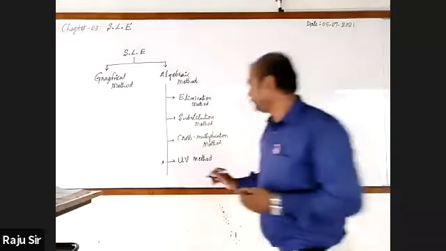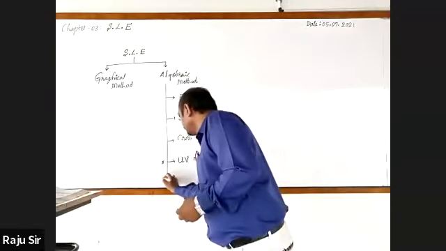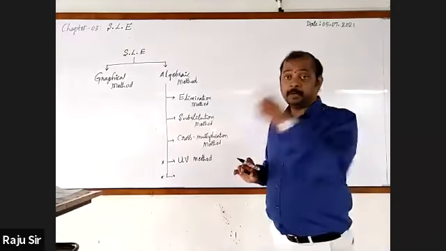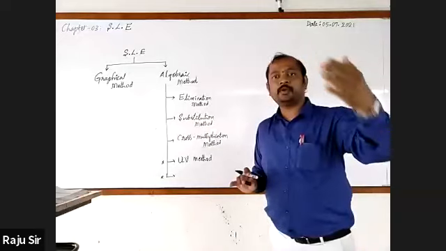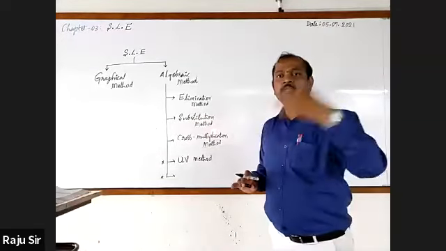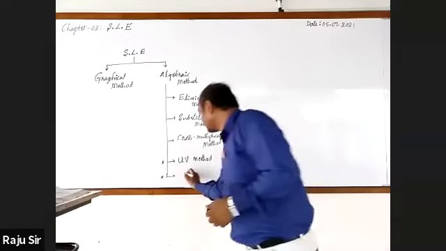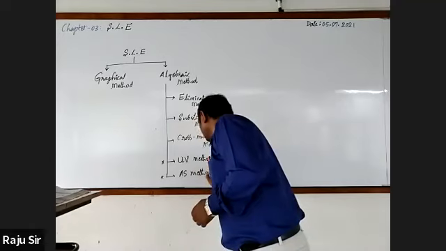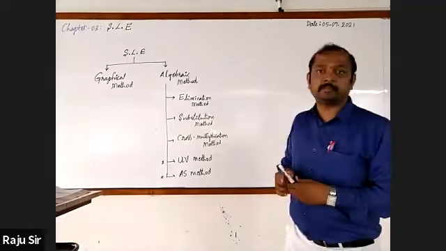And one more type is there. It is also not given a particular name. But in this method, we will go for adding the equations, and we will go for subtracting one equation from the other. And I call it the AS method, the addition subtraction method.